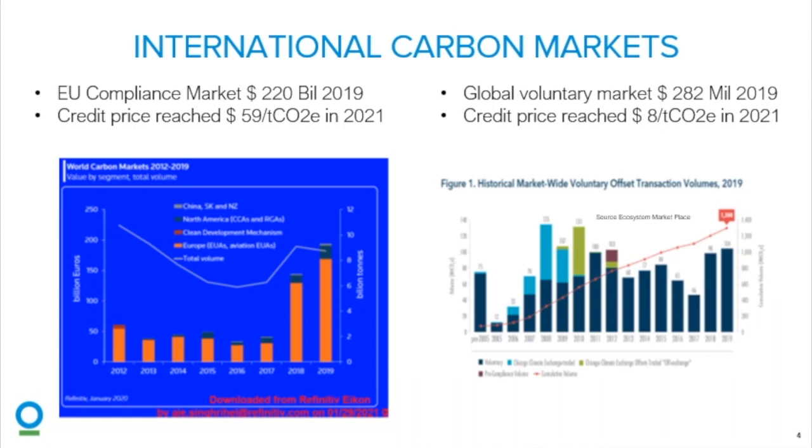In contrast, the voluntary market was worth around $282 million in 2019, and credits were trading at around $8 per ton in 2021. There has been a strong upward trend in market volume, both in compliance and voluntary markets.